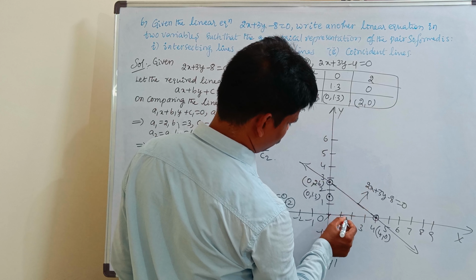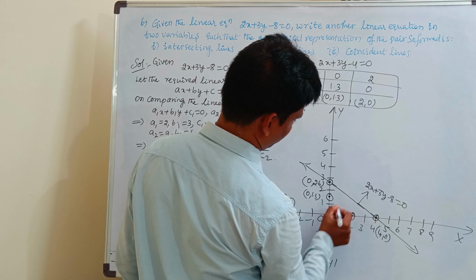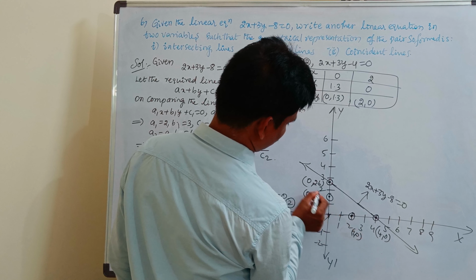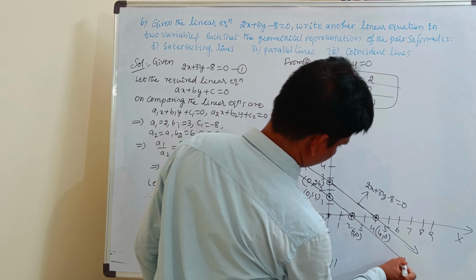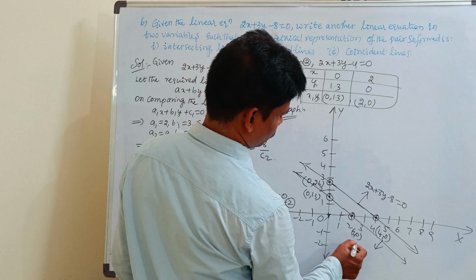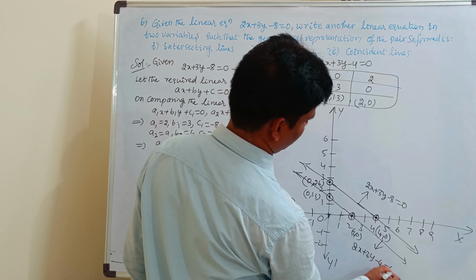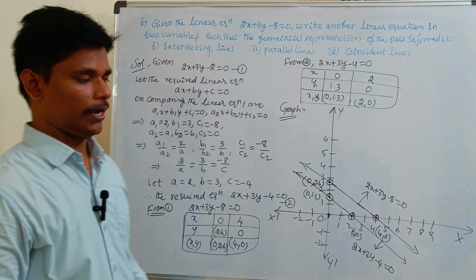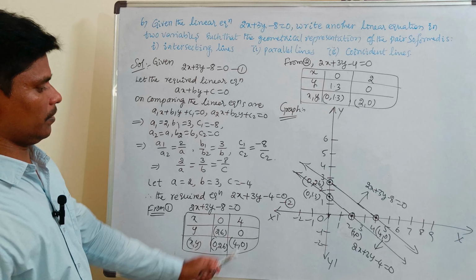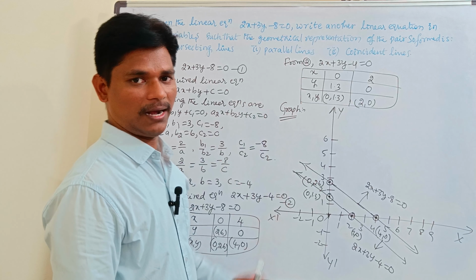Next 2 comma 0, that is x 2, y 0. So join these 2 points, forming a straight line. So these are those two lines. After finding the other linear equation and drawing the graphical representation, those two lines are parallel lines.